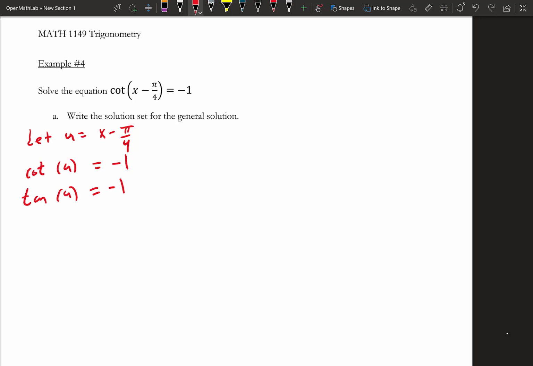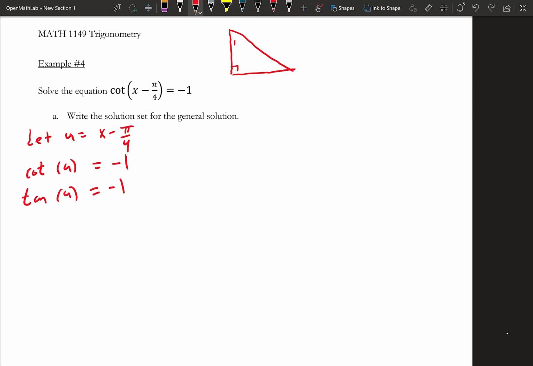So when is tangent of u equal to -1? If we think about when tangent is equal to 1 or -1, tangent is going to equal 1 when the y and x values are the same.